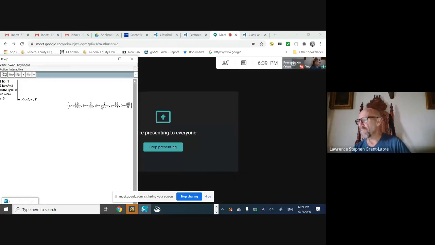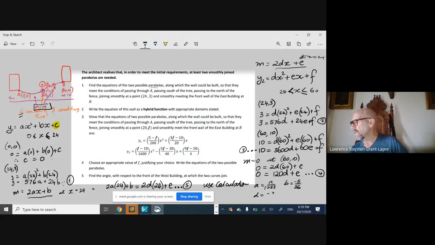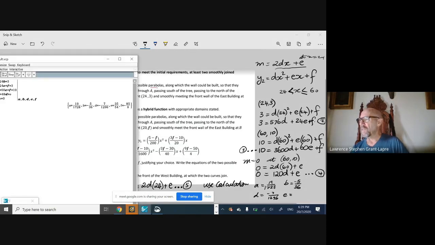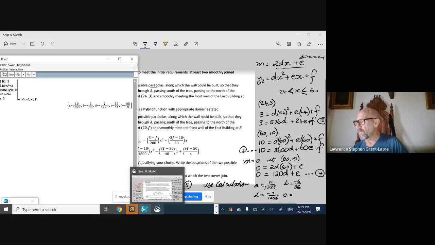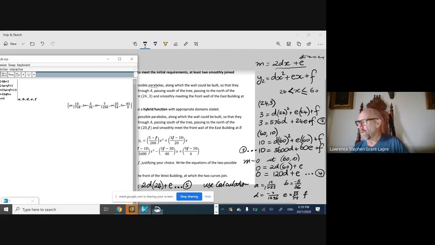C is 0. D is negative 7 over 1296. E is 35 over 54. And F is negative 85 over 9.